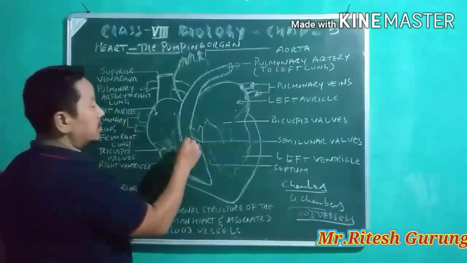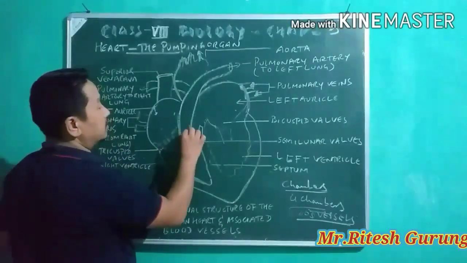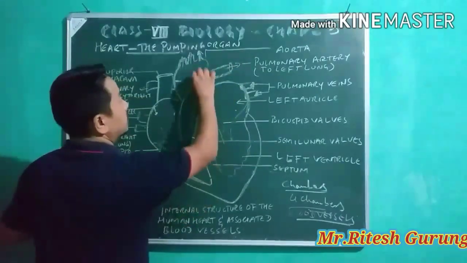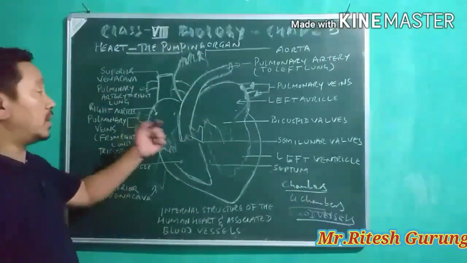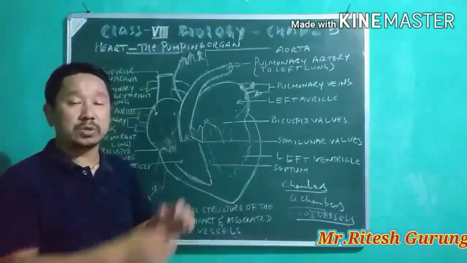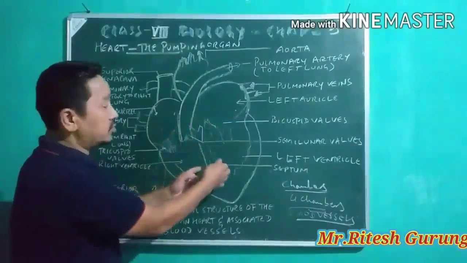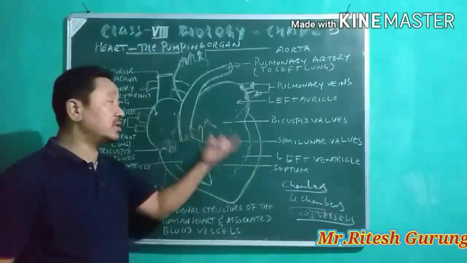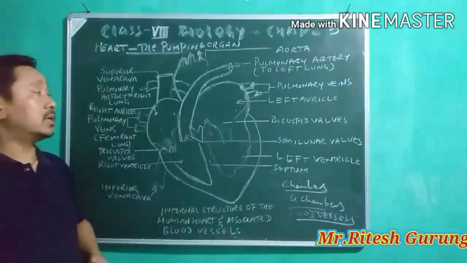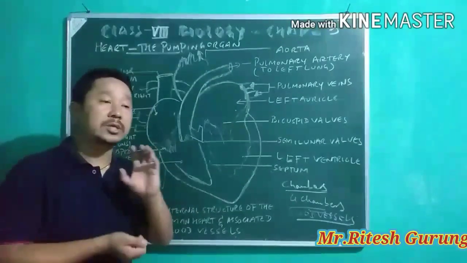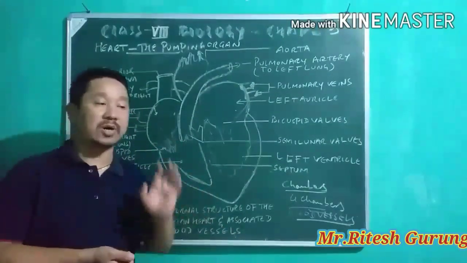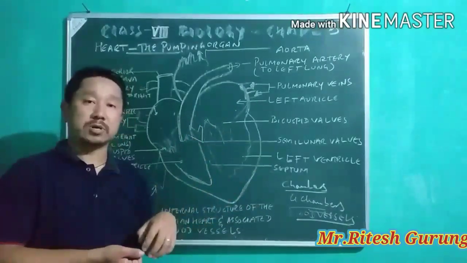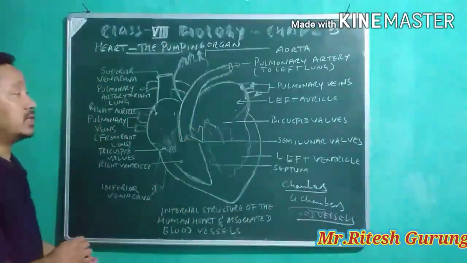Similarly, when the blood flows through the aorta or the artery, it will not flow back into the ventricle, because there are valves. So the function of the valve is to make the blood flow in one direction, not allowing it to flow backward.